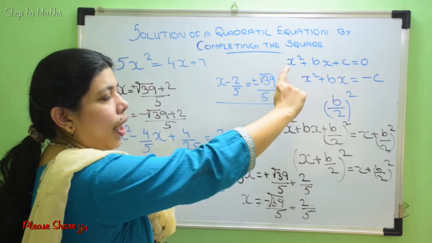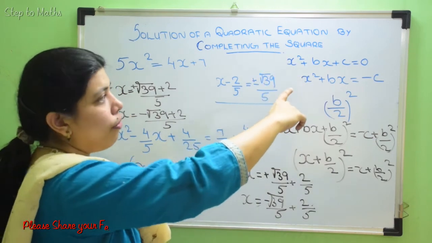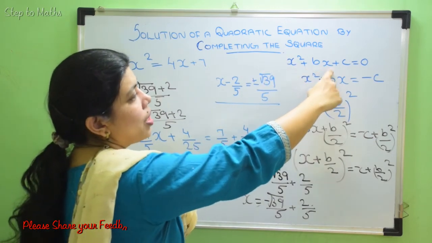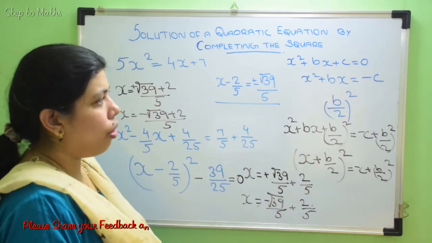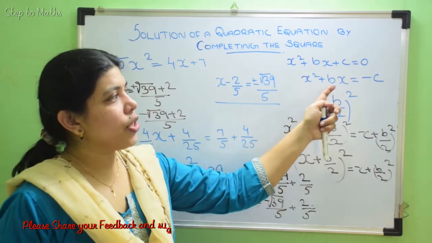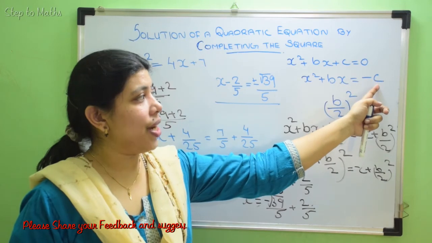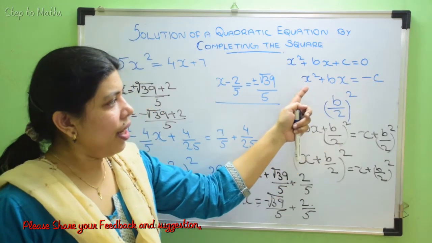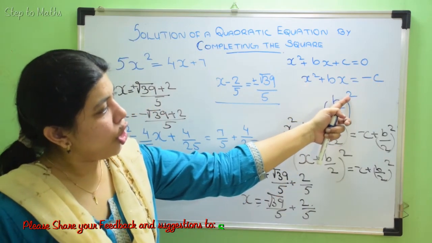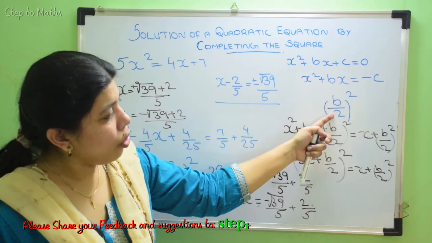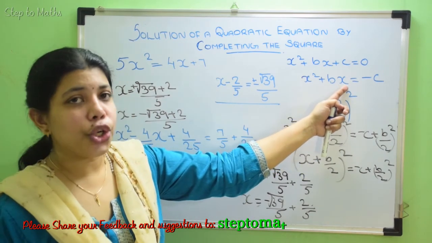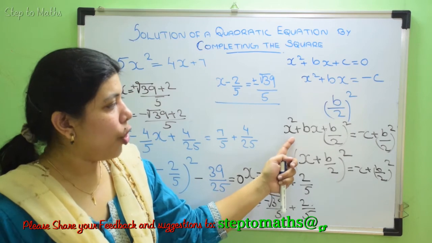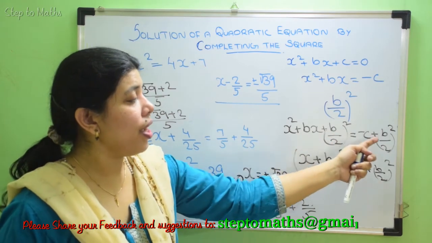If the given quadratic equation is in the form of x square plus bx plus c is equal to 0, first transfer the constant part to the right side, then add the square of half the value of the coefficient of x on both sides of the equation.